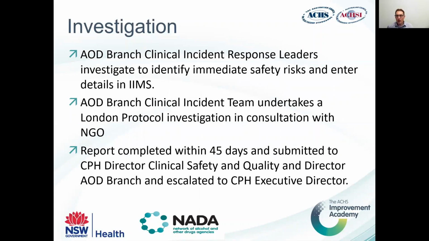One is an independent investigation can be done, so a really robust process can occur, which then allows learning for that particular incident to occur, and also recommendations to be actioned. And then what that does locally is that reduces the chances of that particular incident occurring again. But there's also a systems perspective.